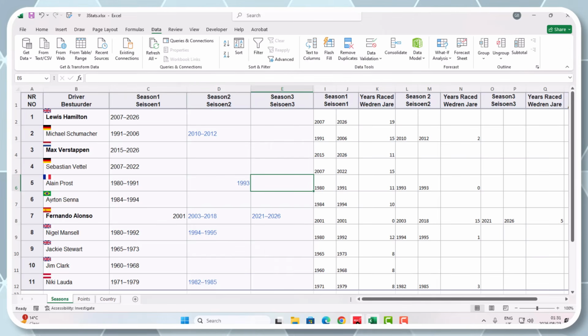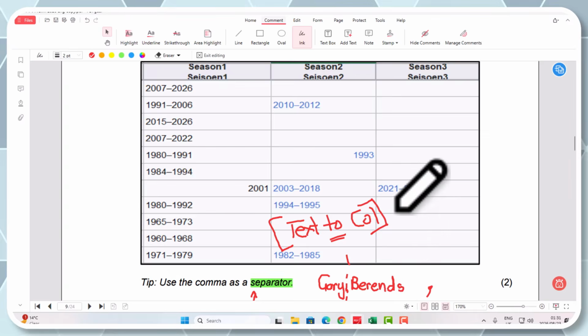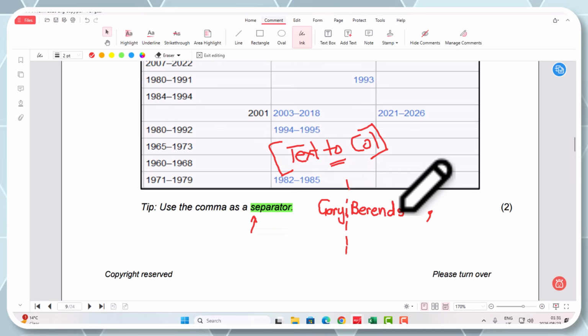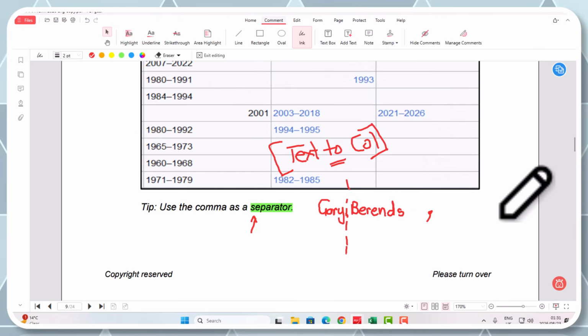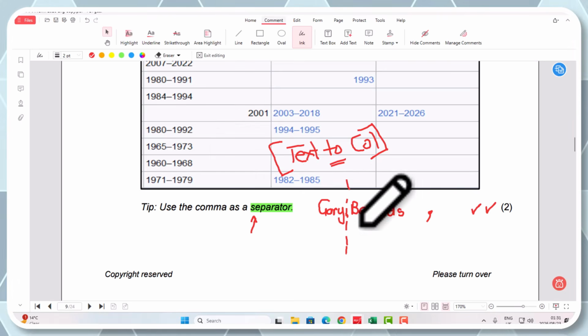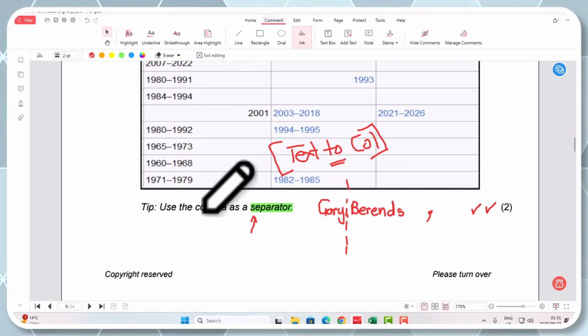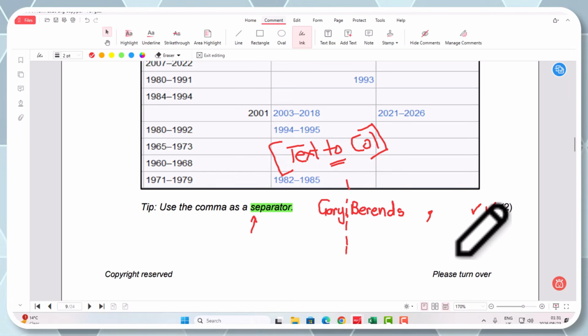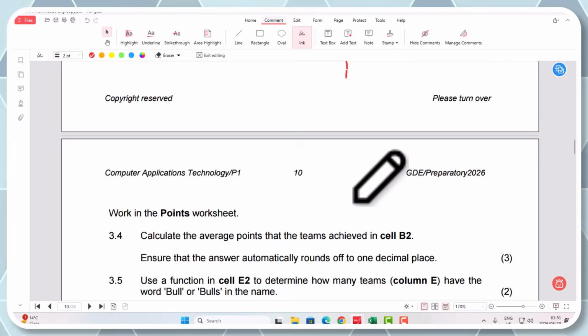Let's go back here. I think I've explained that very nicely, and hence it's only 2 marks. It was only 2 marks there. But a lot of learners got this one wrong. I hope I've explained that nicely. The comma is really, really important there. That's the separator, and they said to use the comma as a separator. If you've never done this before, I'm glad that you've seen that, and you'll be able to do that going forward in the future.